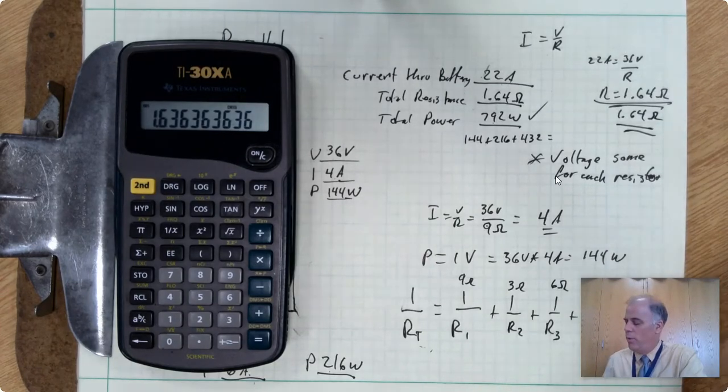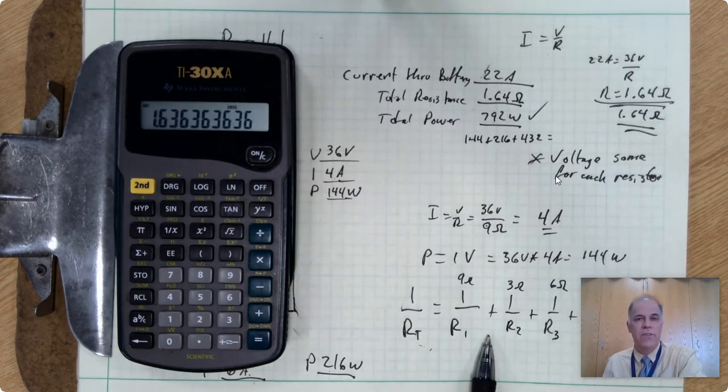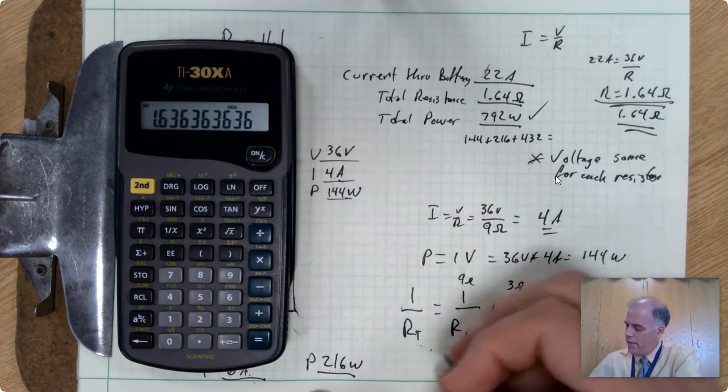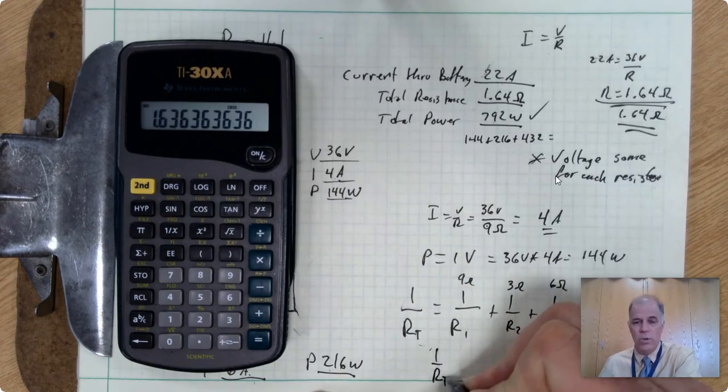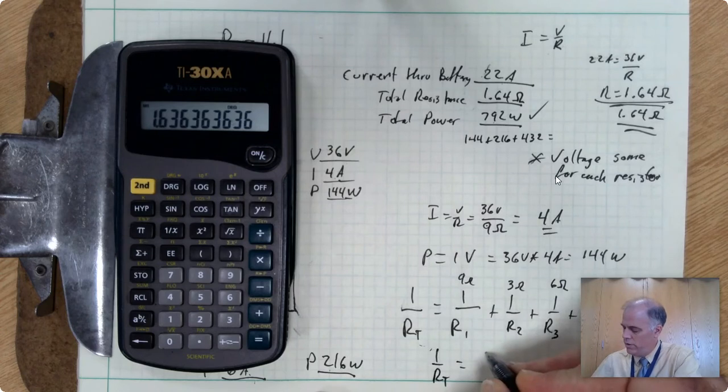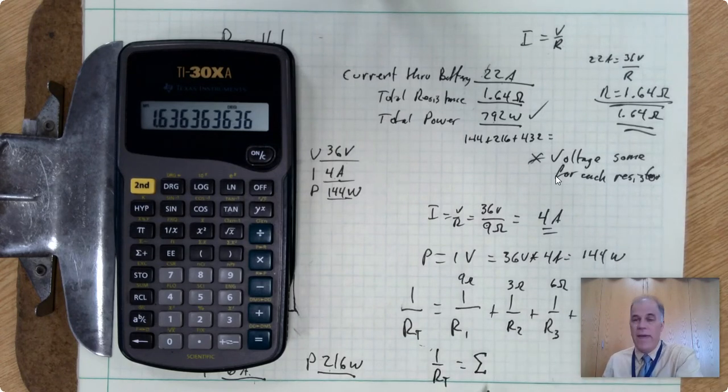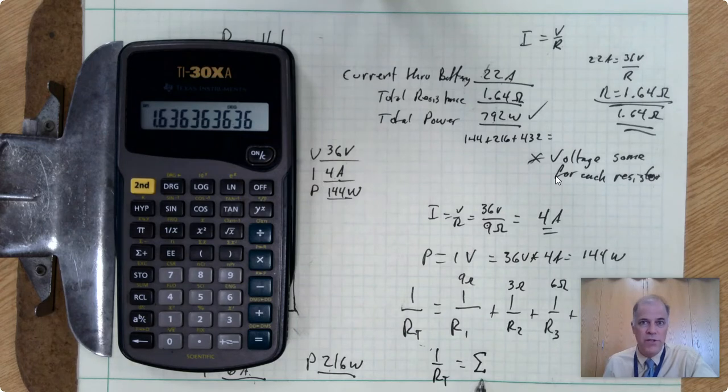Now, the way that this equation looks in the AP guide is like this. They say 1 over R total is equal to sigma. That's a Greek sigma. That is a standard symbol for a summation, which means you add up a whole bunch of things.